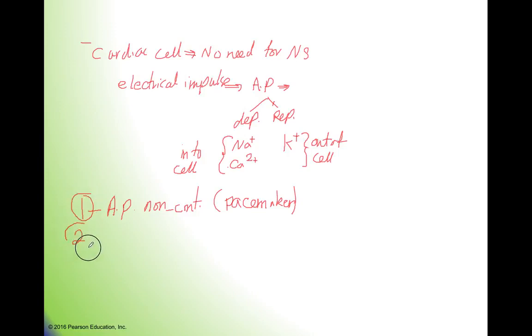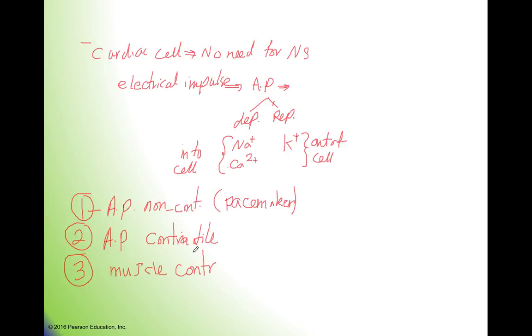This action potential leads to step 2, which is action potential that is created in contractile cells. And the third step in this process, which is basically the goal of this, is muscle contraction. So these are the 3 steps we're going to be focusing on.